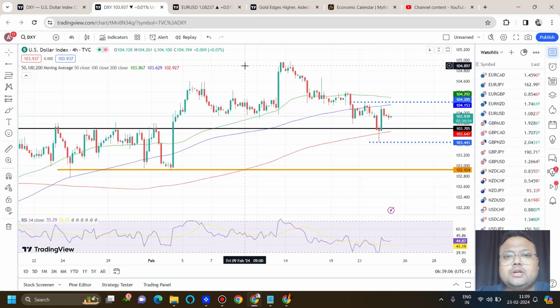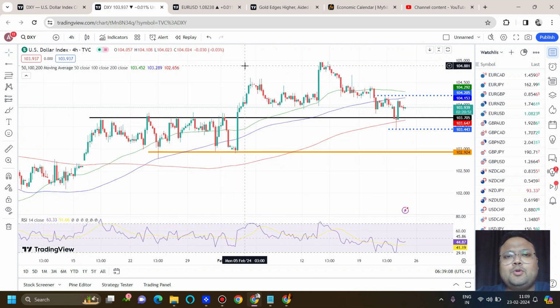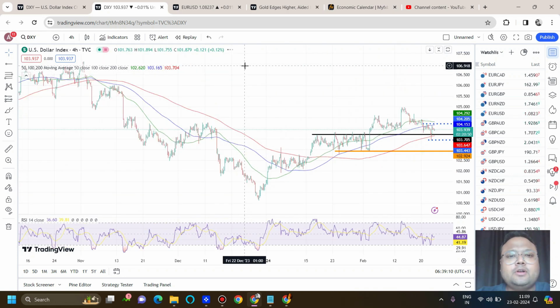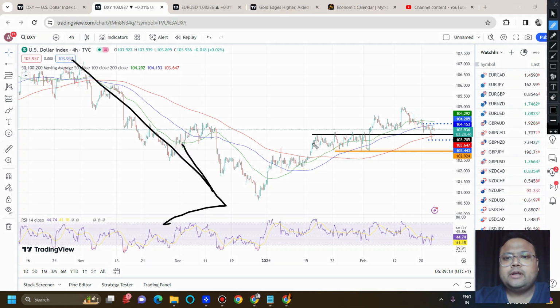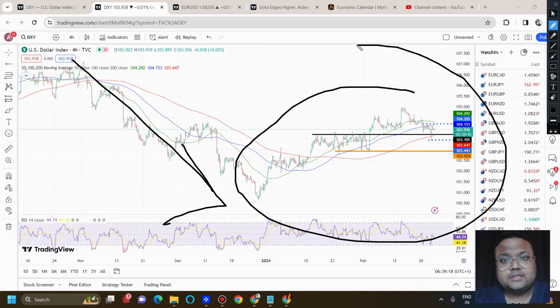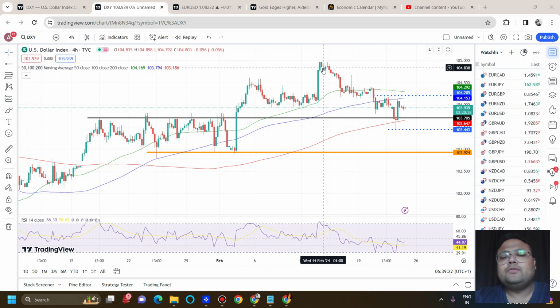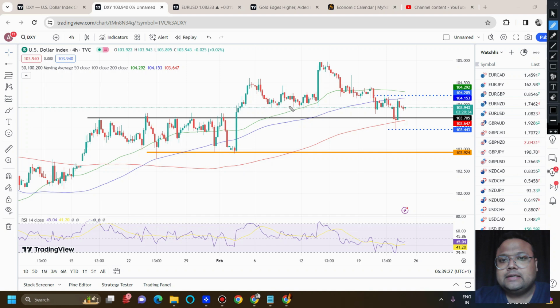So let's look at the chart of the dollar index once. Overall, if you look at the chart of the US dollar index, as we all know, the market was in a downtrend. Then, just like Euro USD, we had a trend reversal on the dollar index. But the problem is that it was showing signs of retracement, and right now we can see the market has broken the previous low.